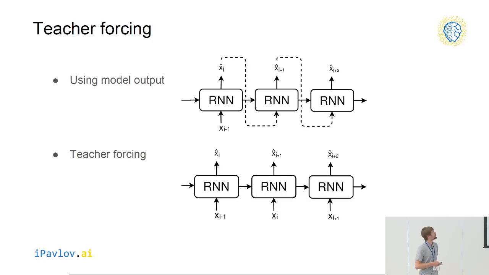A few words about teacher forcing. There are two ways on how to use decoder outputs during training time. For example, in the simplest case, the model can just use its own outputs as the input on the next time step.